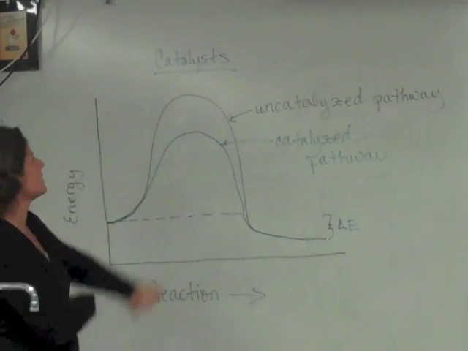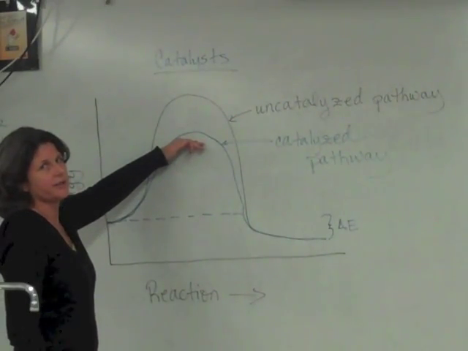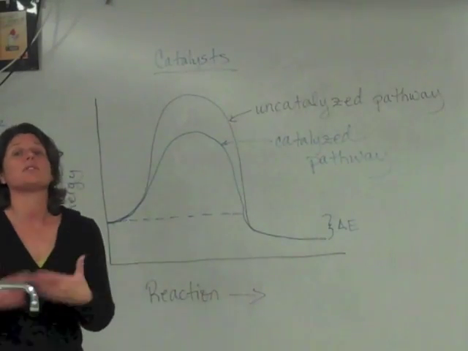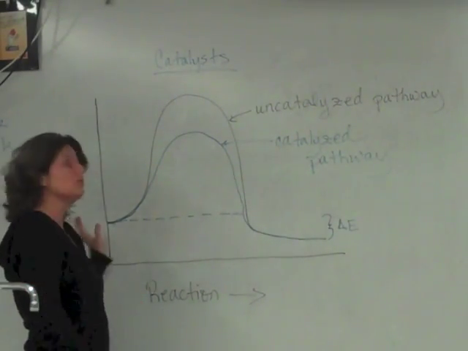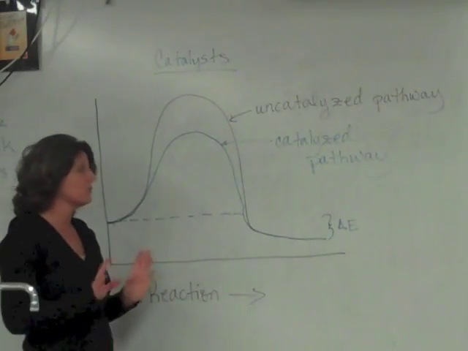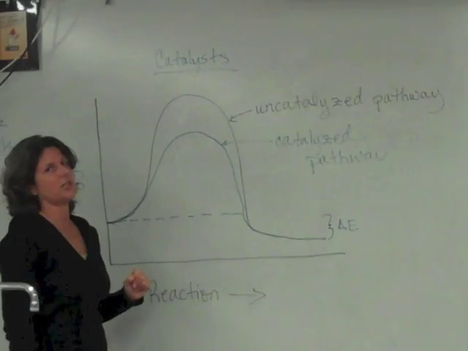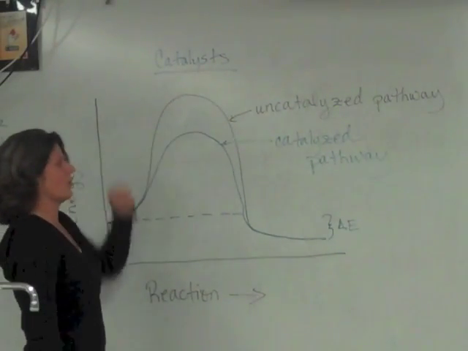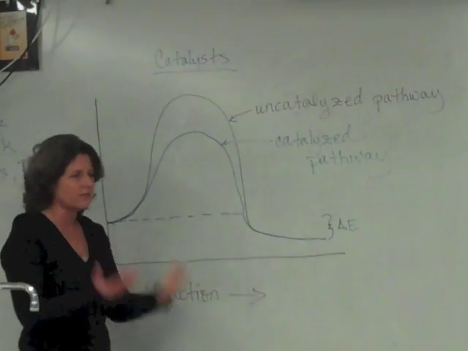All a catalyst is doing is lowering the activation energy so that the thing happens faster. So that's what catalysts do. They do not change the delta H of the reaction whatsoever. It's only the overall activation energy that gets lowered from a catalyst, and that facilitates a faster reaction.